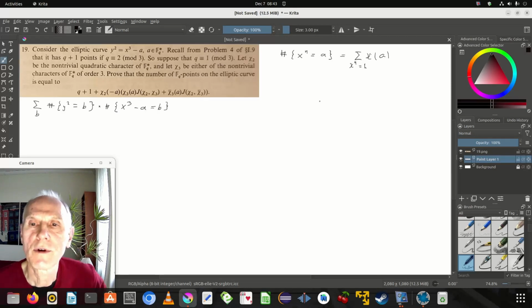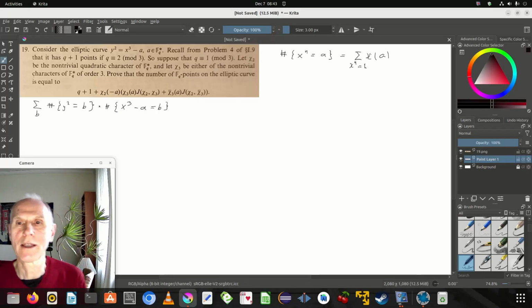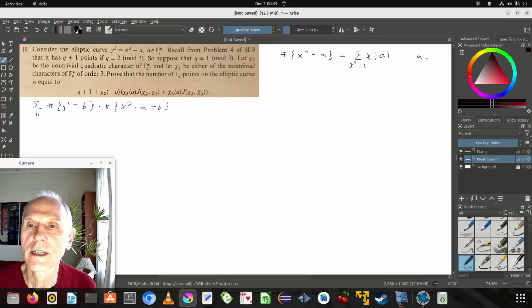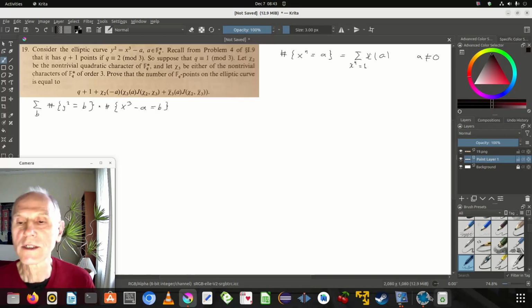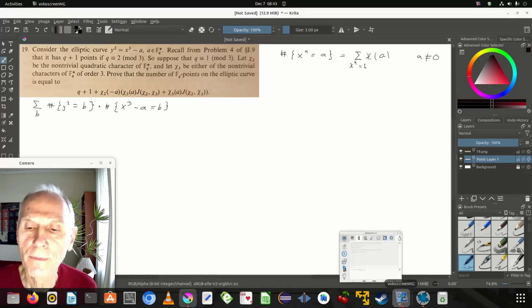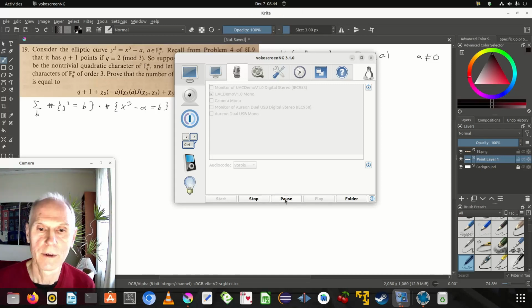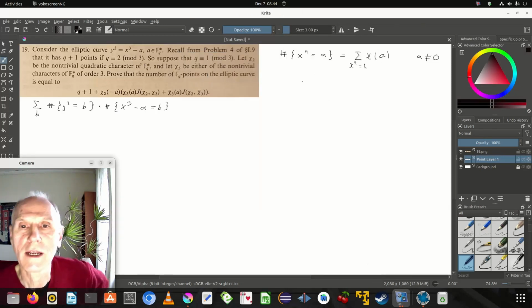I believe this was the case, and it only holds for a distinct from naught. I'll just make a short break to check that this is correct. Okay, it seemed that I remembered it correctly.